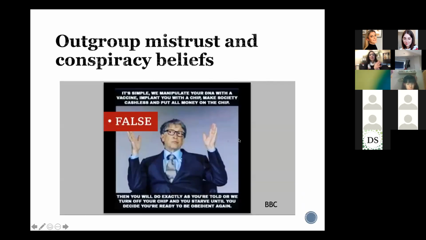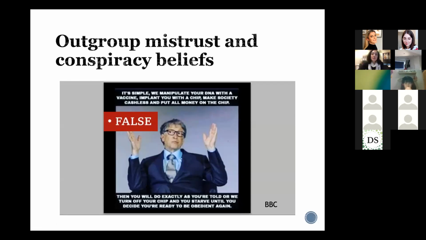There are two main aspects of this ongoing research that we're interested in, and one is outgroup mistrust and conspiracy beliefs. Conspiracy theories often attribute unseen causes of important events to a powerful coalition, and they think that this powerful coalition is secretly working to cause harm.